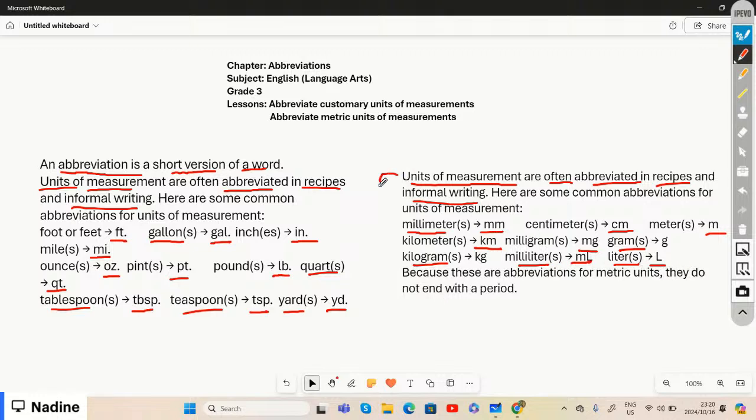So for metric units, after the abbreviated form, we do not put our period. But for all the other abbreviated forms, you need to add a period.